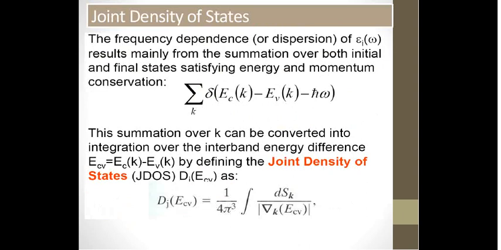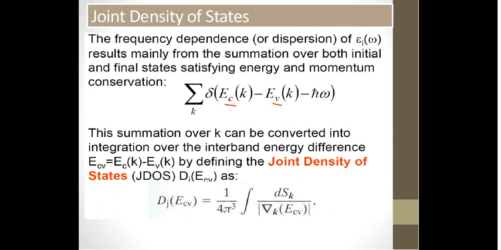So here you can see summation over k of delta of EC of k minus EV of k, where EC is the conduction band energy and EV is the valence band energy, minus h cross omega.